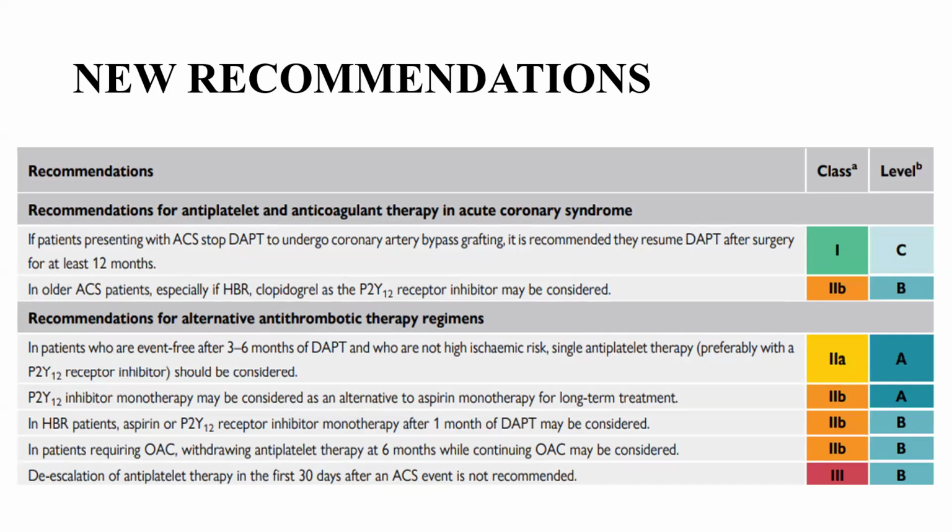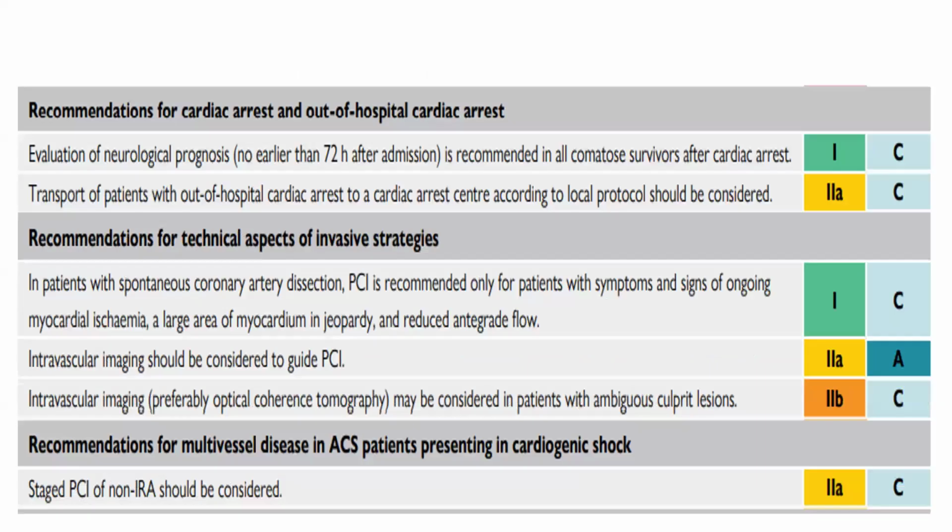In patients requiring oral anticoagulation, withdrawing antiplatelet therapy at 6 months while continuing the oral anticoagulants may be considered, which makes sense because you are trying to balance the risk of bleeding against the ischemic risk. Now, de-escalation of antiplatelet therapy in the first 30 days after an acute coronary syndrome event is not recommended. So that is clearly not recommended.